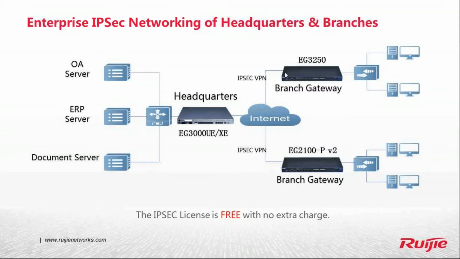From here, you build up the site-to-site IPsec VPN to the HQ to access the OA server or the document server. The branches don't have any server, they only have users. So all the users will connect back to the HQ using the IPsec VPN. And I want to highlight the IPsec license: our IPsec VPN license is free with no extra charges.